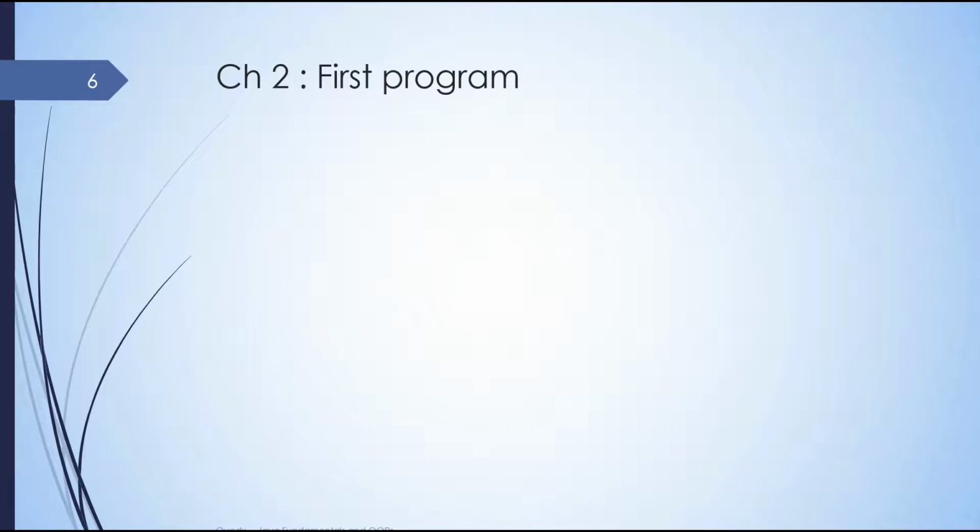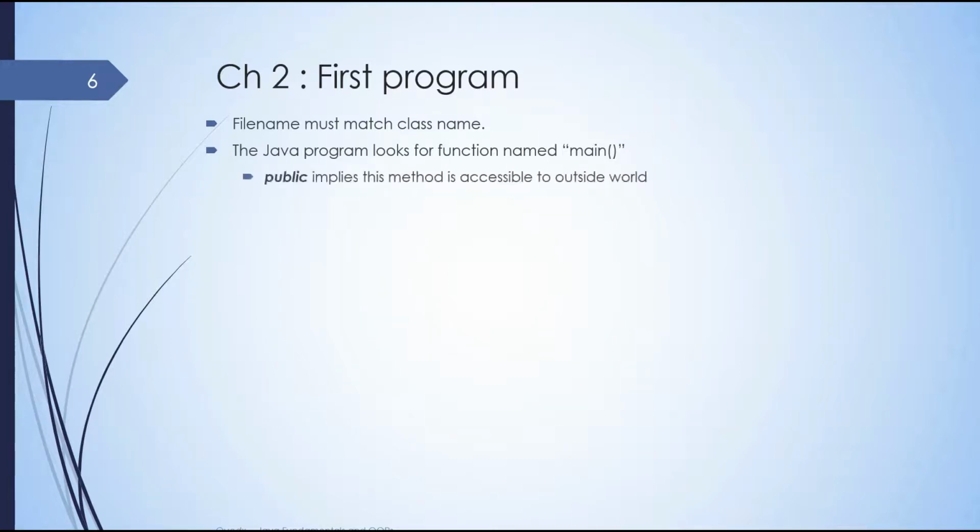Let's recap what we have done so far. Your file name must always match the class name. JVM always looks for the function name main in order for it to execute it. Public implies this method is accessible to the outside world.